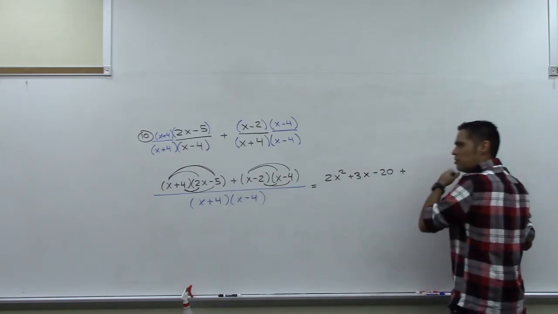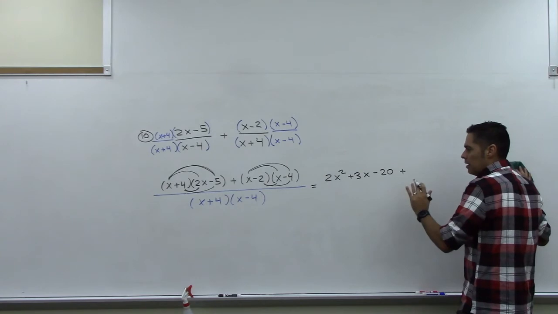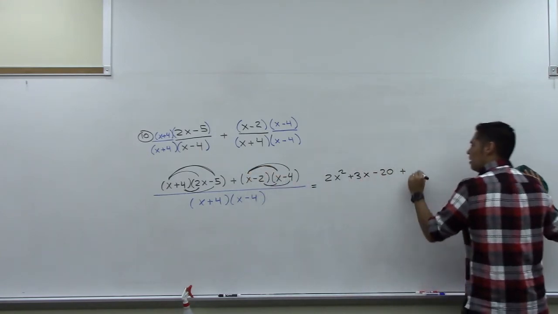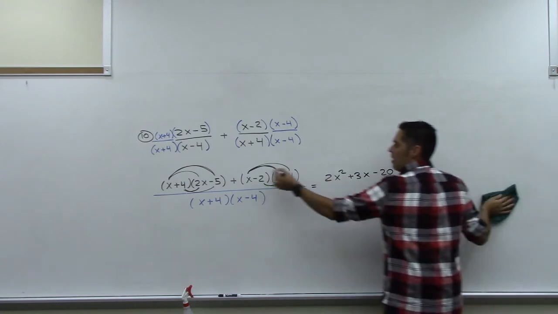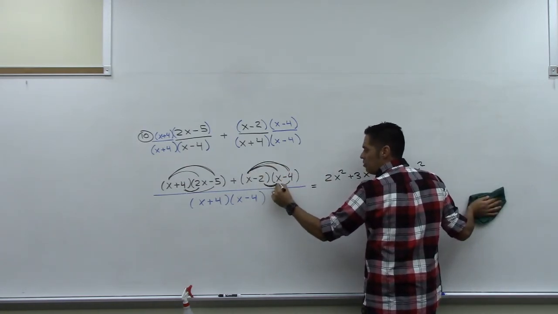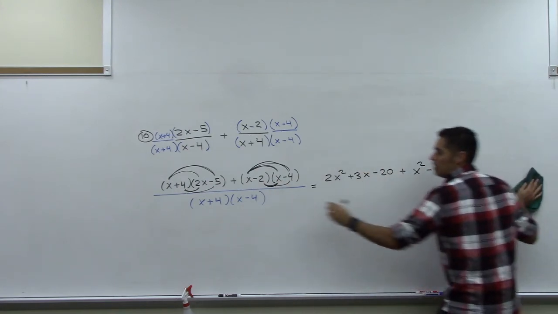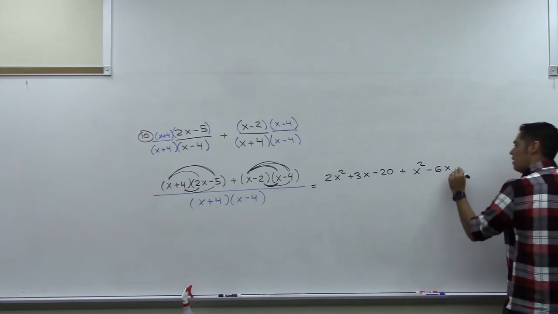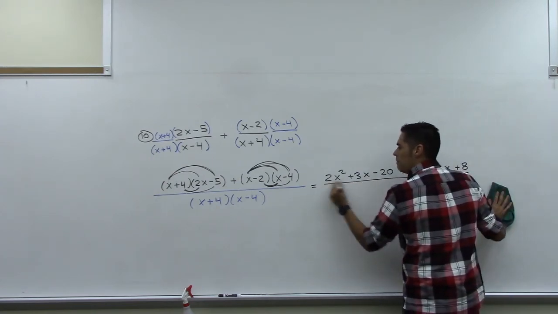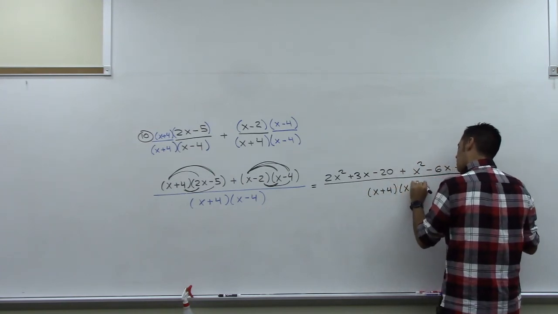I don't have to worry about distributing a negative through, which would change the signs. A plus leaves everything alone. So it's safe for us to just multiply x times x, get x squared. And then minus 4x minus 2x is minus 6x. And then finally, negative 2 times negative 4 gives us 8. Now all of this is over the common denominator, which is x plus 4 times x minus 4.